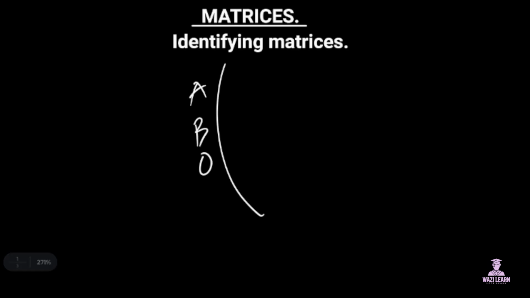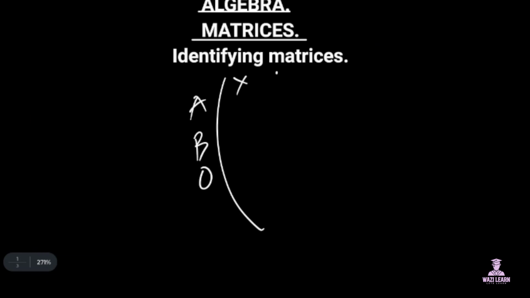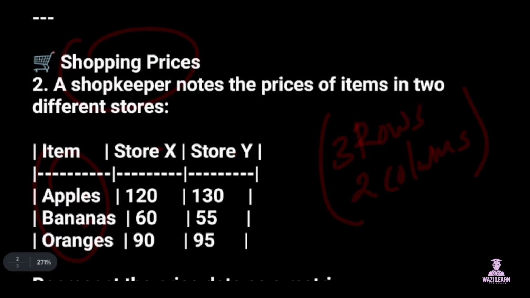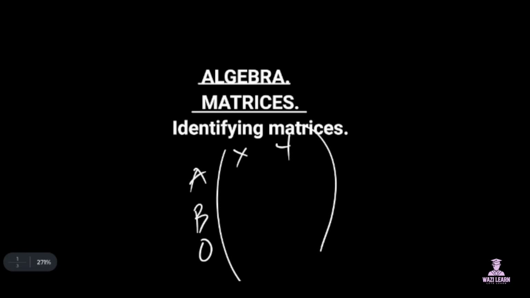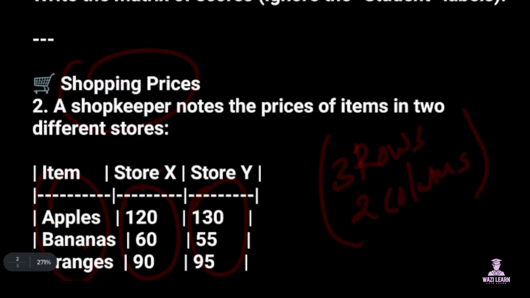And then we'll have store X and Y. Just feeding in our information, it will be 120, 60, 90 for store X, and for store Y, 130, 55, 95.